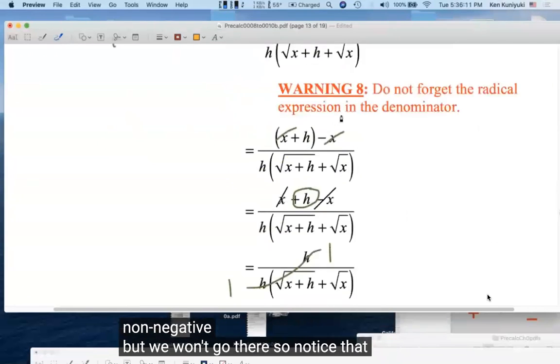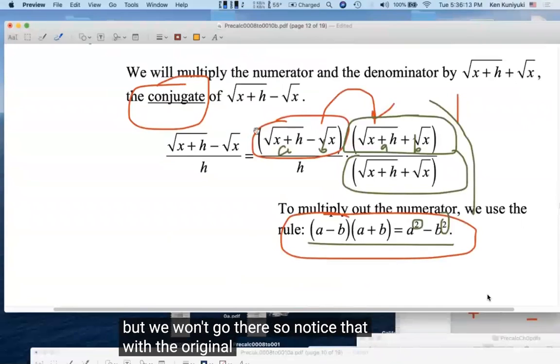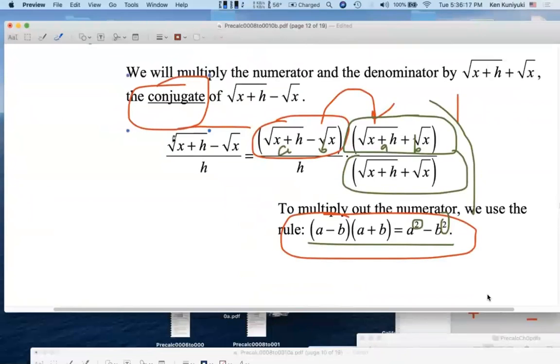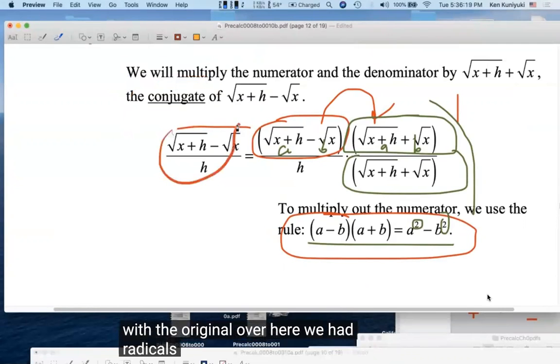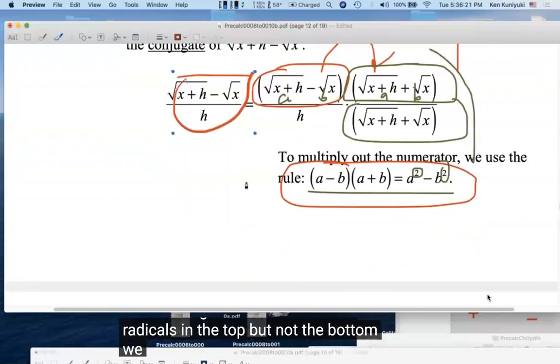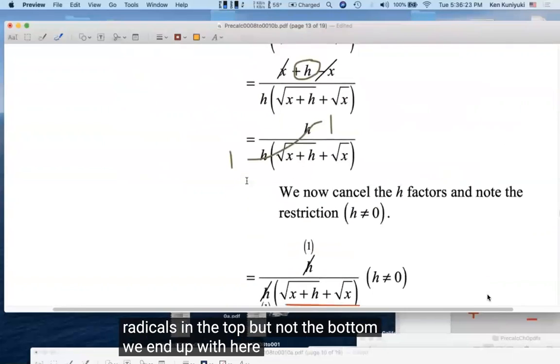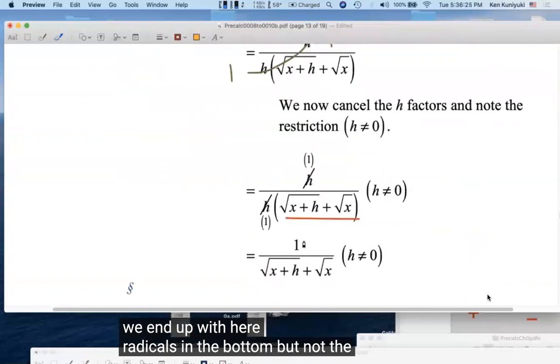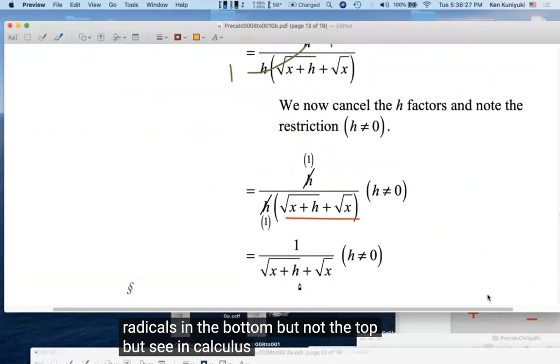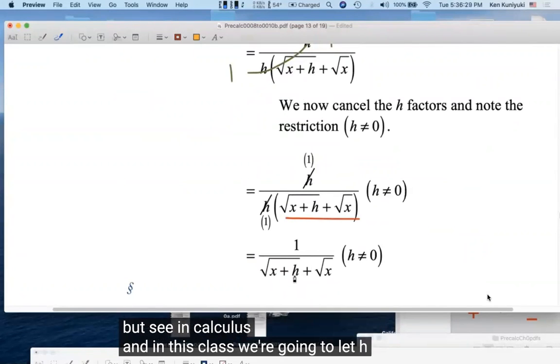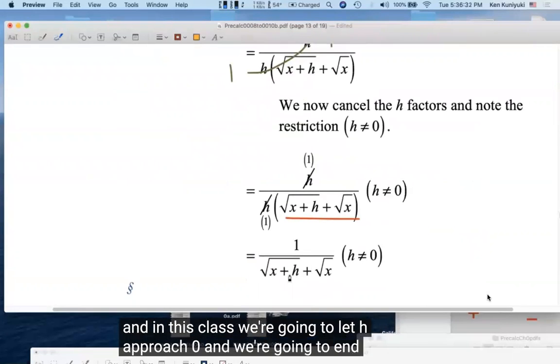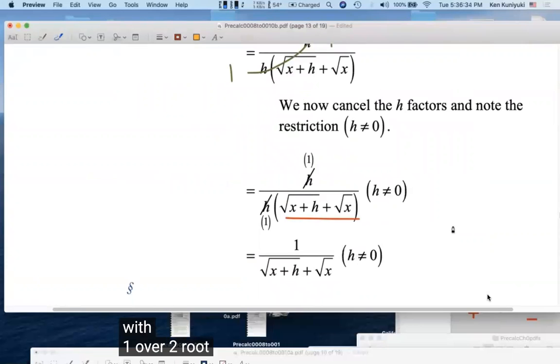So notice that with the original over here, we had radicals in the top, but not the bottom. We end up with here, radicals in the bottom, but not the top. But see, in calculus, and in this class, we're going to let h approach 0, and we're going to end up with 1 over 2 root x.